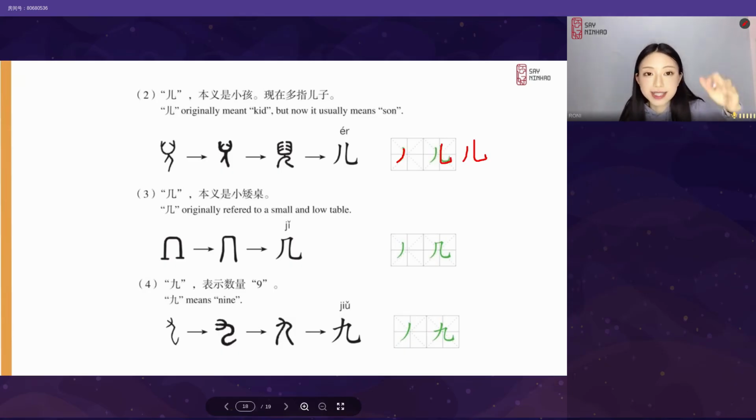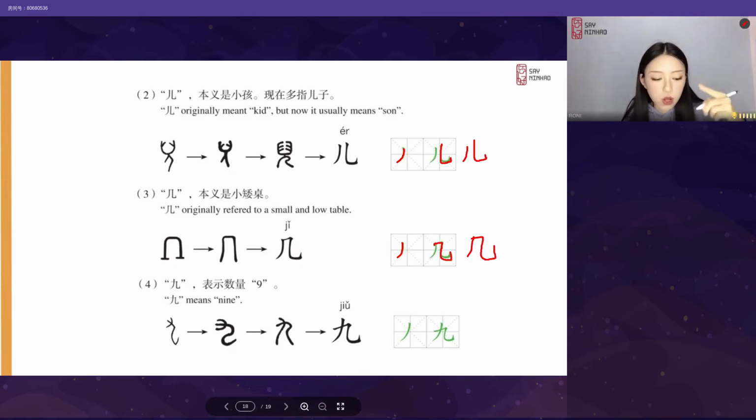Next one is ji. Ji means how many, and it originally referred to a small or low table. Now it means how many, and it still sometimes means a low table. Try to write it, first a left turning and then a horizontal turning curved hook. Okay, this is ji, really easy.